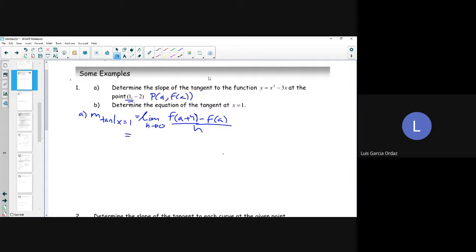So technically we're going to find the limit as h approaches 0 of f at 1 plus h minus f of 1, over h.